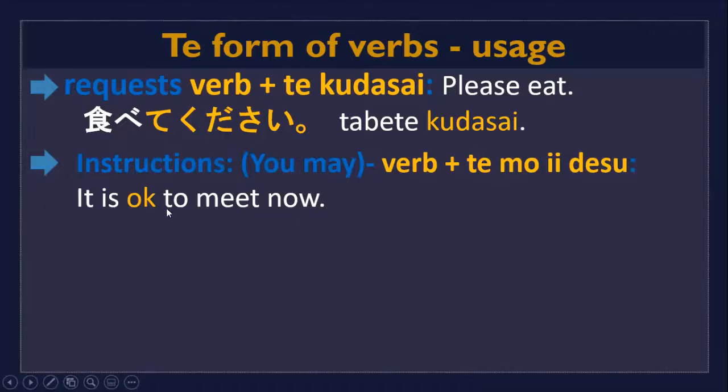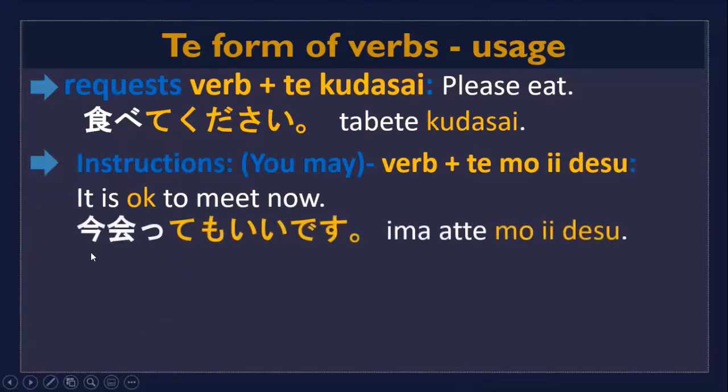For example, it is okay to meet now. How to say that? 今あってもいいです。This is 会う and it is a group 1 verb. So あってもいいです。This is how we use it.